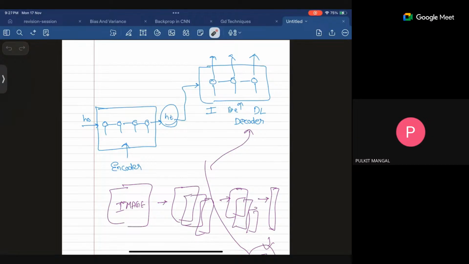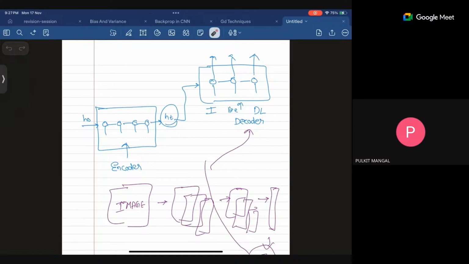So in the end, what I want to say is that encoder and decoder need not stop at just RNN or CNN. The main idea behind encoder and decoder is that if your input is something and you want to predict an output that is something different, then you are going to have two models. One model takes your input and gives you a representation of it.